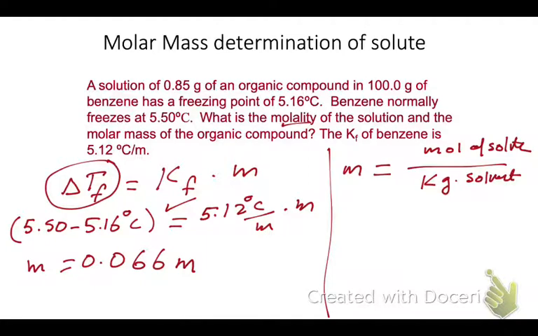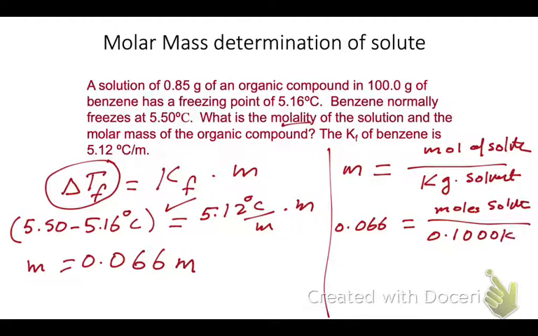So 0.066 equals moles of solute over the kilograms. By definition, I have 100 grams of benzene, and I'm going to convert that into kilograms, so that will be 0.1000 kilogram.